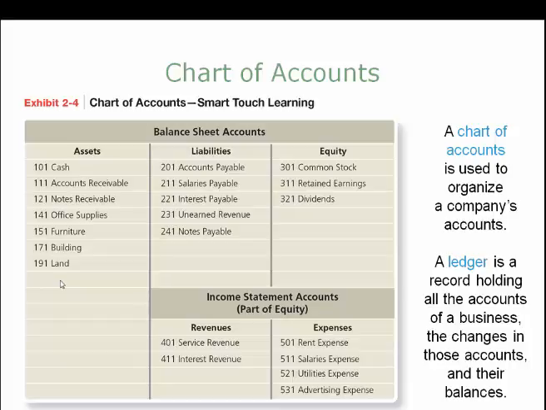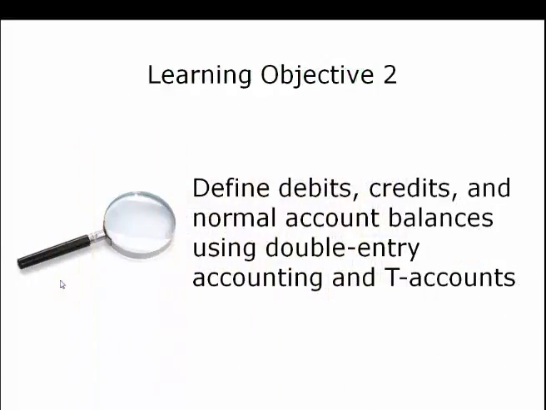Equity, all equity or capital begins with a 3. And then income statement accounts, and they say here part equity, which it is. It rolls up into the accounting equation there. The revenue is 4s, and expenses are 5 and greater. And I've worked in multiple companies, and this is the exact same approach that they've had to the chart of accounts for each one.